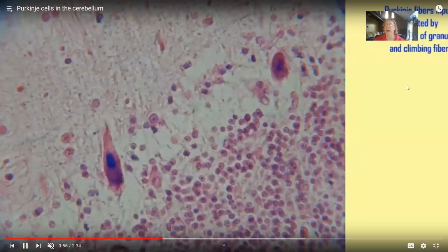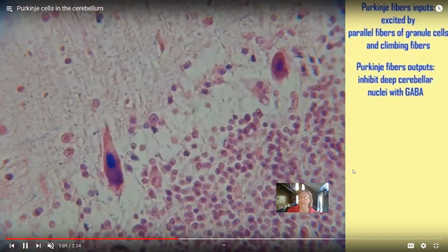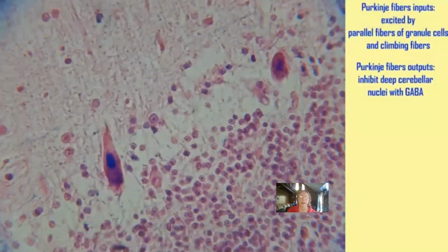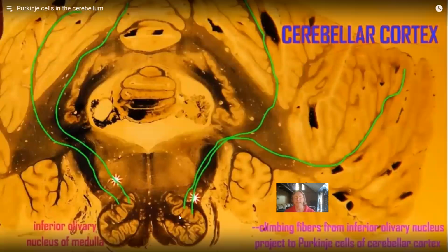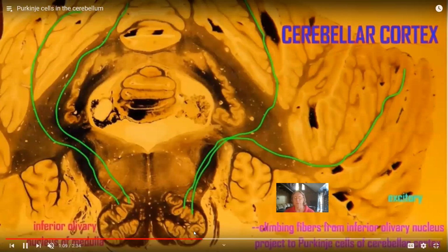Right. And so these Purkinje cells have information coming in. You can have climbing fibers coming from the medulla, like the olivary nucleus in the medulla here. So information reaches the Purkinje cells, and then also the granule cells.